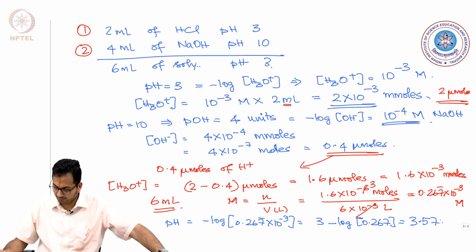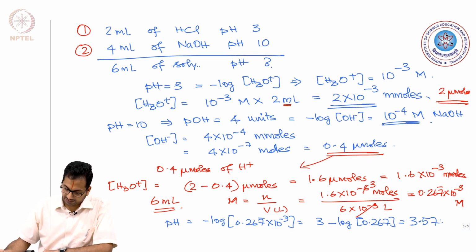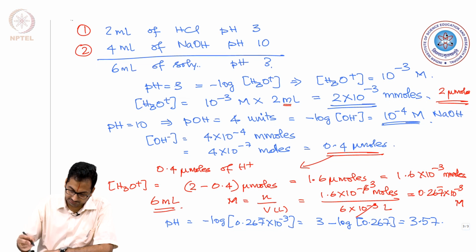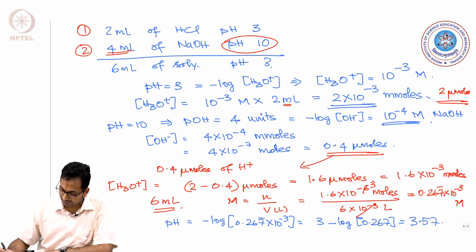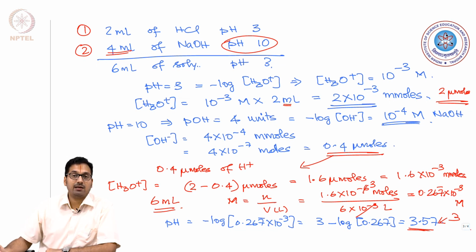So, basically what you are able to realize is that by addition of H plus and NaOH, and with the NaOH concentration being a little lower, you are pushing the pH from 3 to 3.57. This example shows what happens when you add a strong acid and strong base at given concentrations.